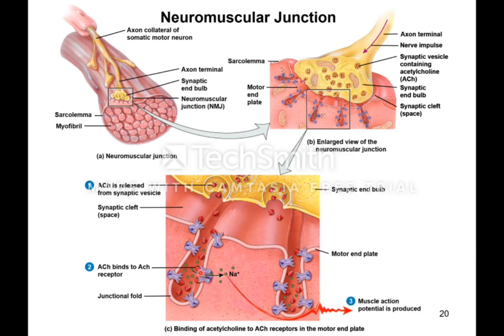The binding of the ACh to its receptors opens the sodium and potassium channels, and the muscle action, or contraction, is produced. Finally, the additional acetylcholine is broken down by acetylcholinesterase, located in the synaptic cleft.